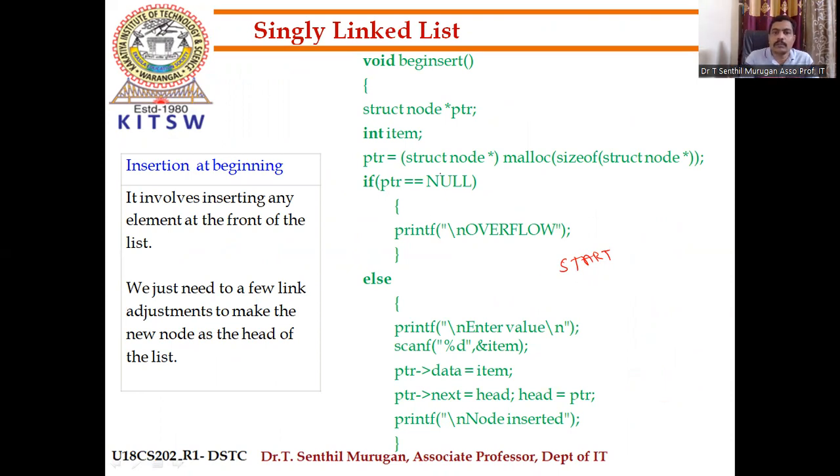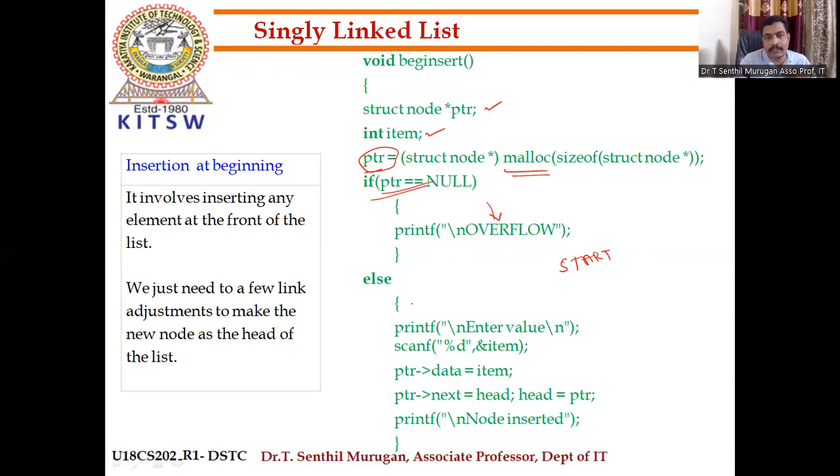We create the pointer and one data item to give the data value. After that, memory is allocated for the node. If the returned pointer value is null, there is no memory, memory is full, so we can print overflow or memory not available.